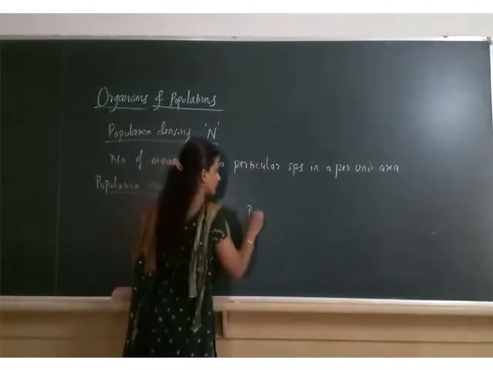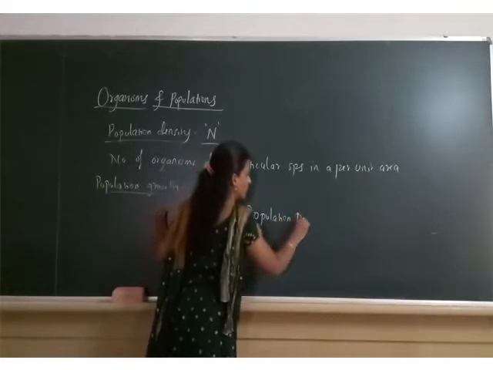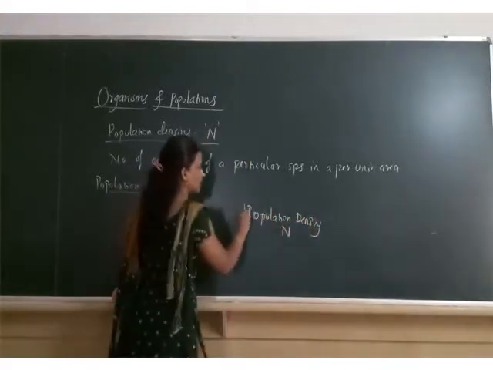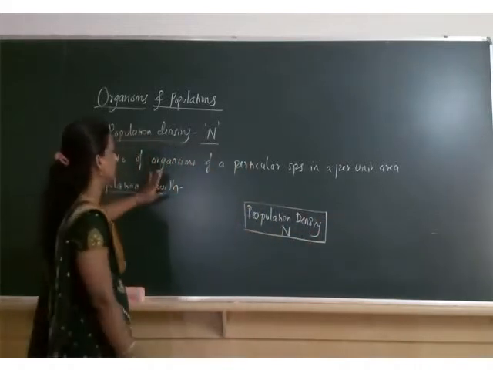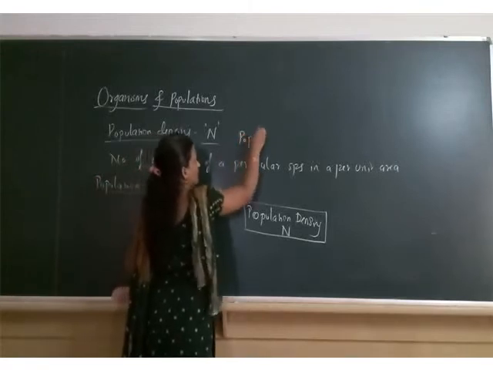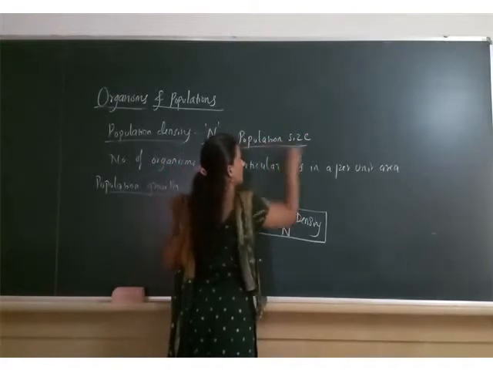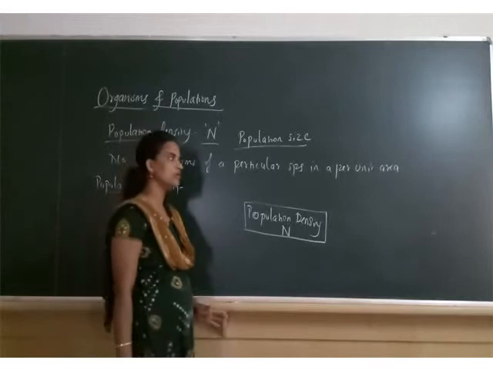We will take population density, which is represented by capital N here. Population density means nothing but the size of the population, how large or how small it is.